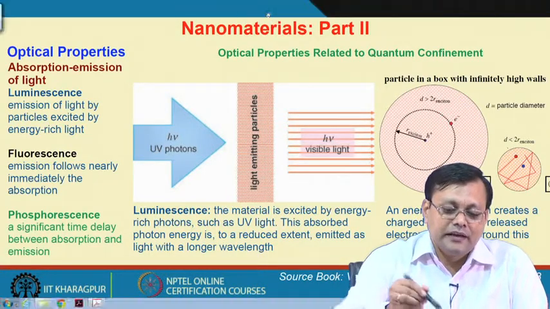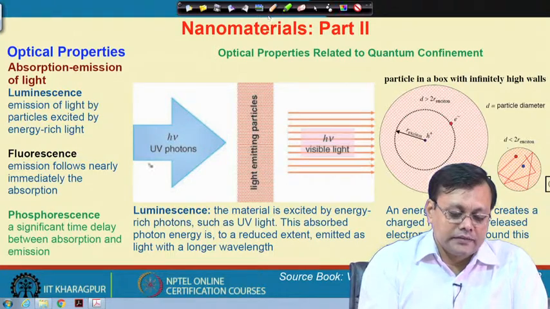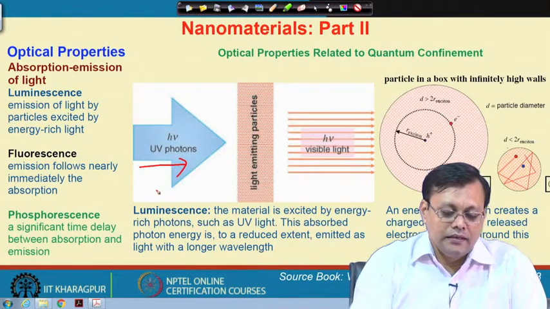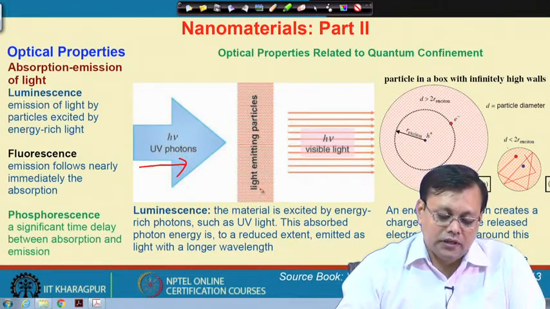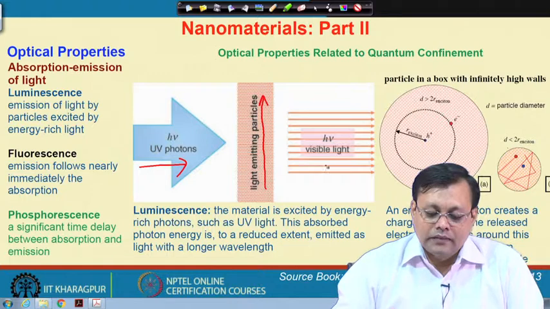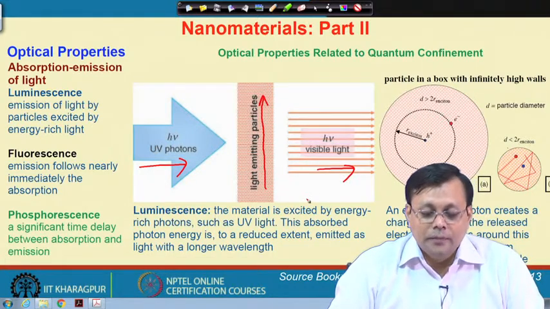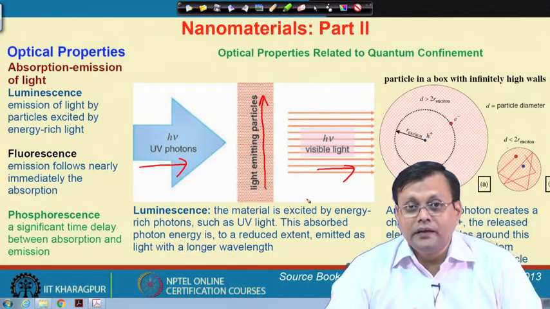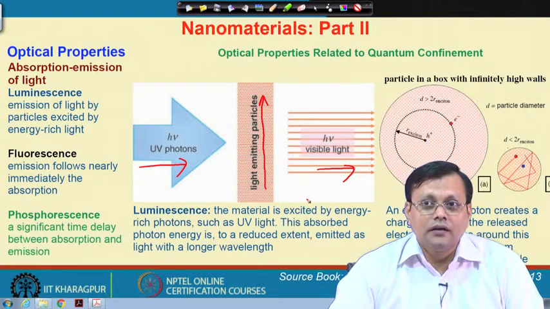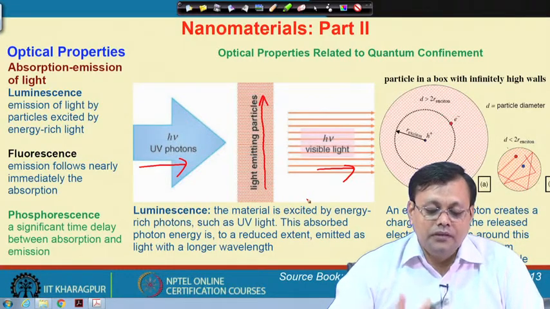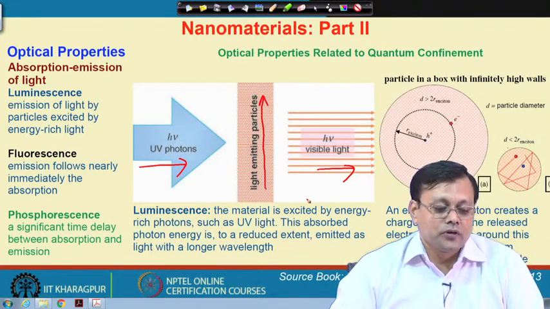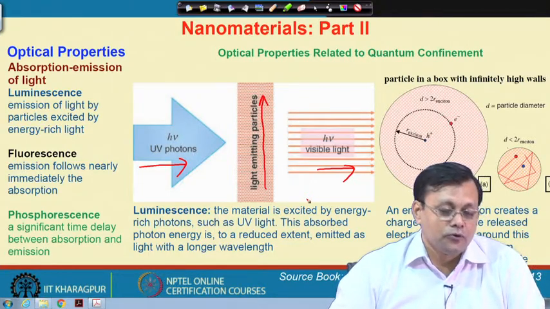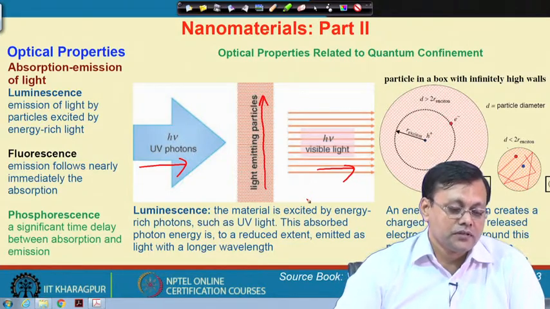Just as a schematic, I would like to show you that let us say this is an incident ray that falls on a light emitting particle, and it basically absorbs some light and then emits the light. And now, depending on how much delay occurs in emitting the light after absorption will tell us whether it is phosphorescence or fluorescence and so on.